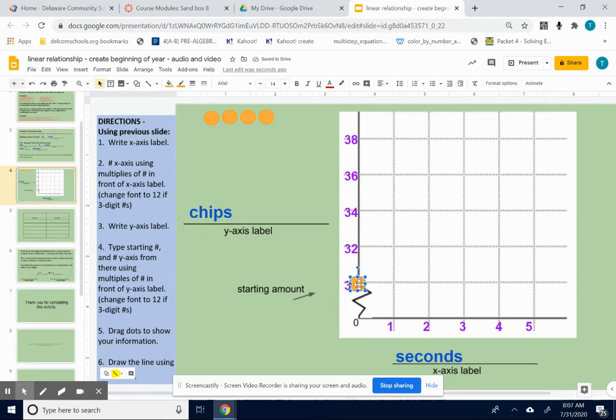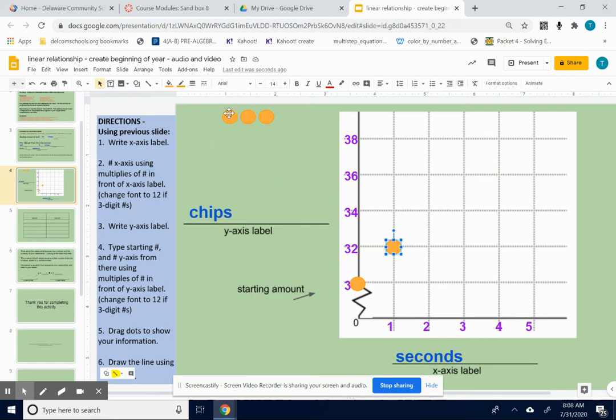After a second goes by, and I've eaten 2 additional chips, I've eaten a total of 32 chips. So above this 1 second, I'm going to put a dot at 32, because I've eaten a total of 32 chips after a second's gone by. After 2 seconds have gone by, I started with my 30, but I ate an additional 2 for the first second, and then an additional 2 chips for my second.